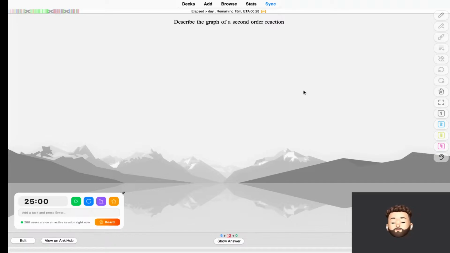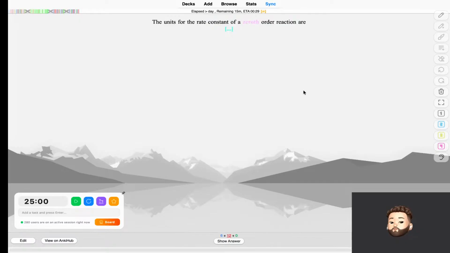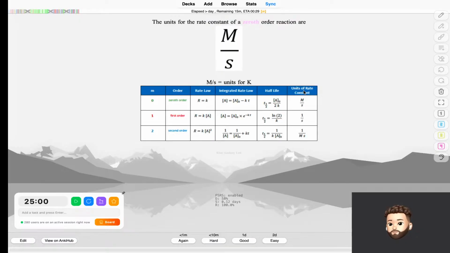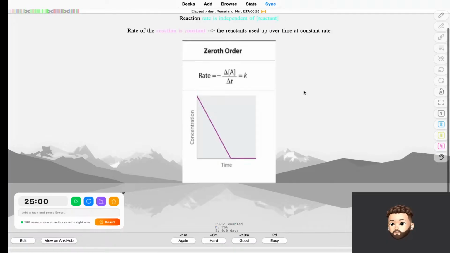The reaction rate is dependent on the square of one reactant or the product of two reactants. Zeroth order units are molar per second. Describe the graph of a zeroth order reaction. It's constant and independent of the concentration of any reactants, and it just constantly decreases over time.